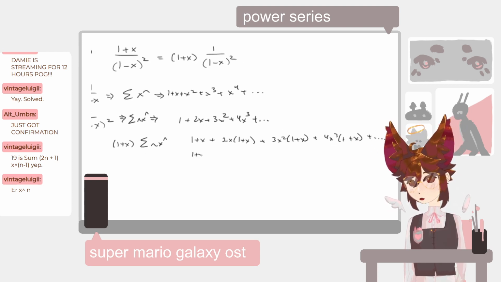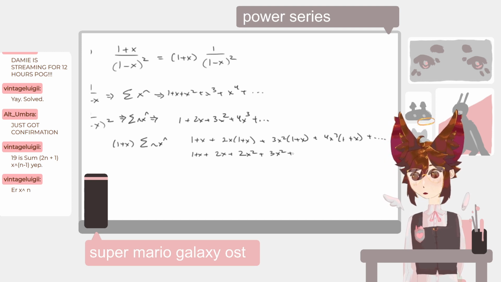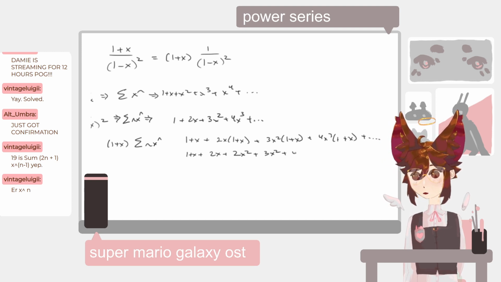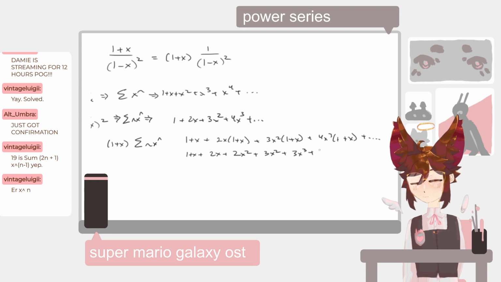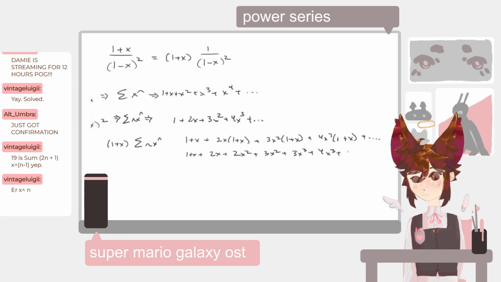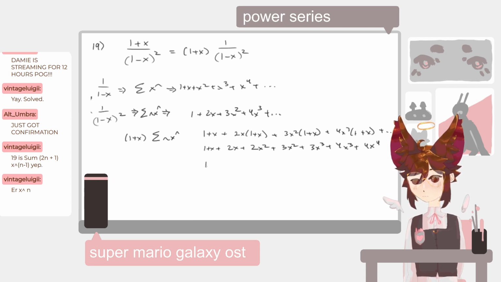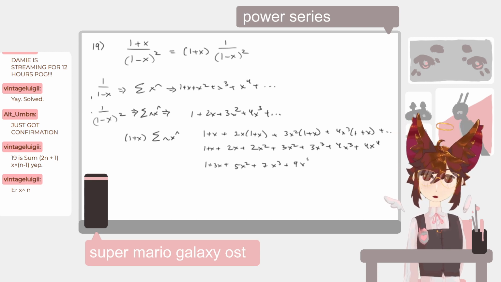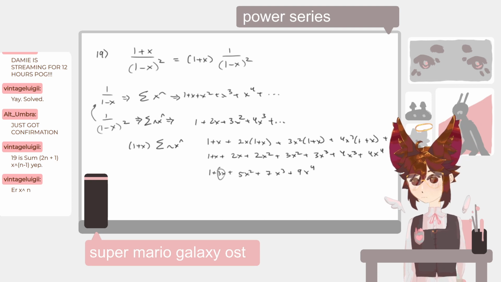So this will be 1 plus x plus 2x plus 2x squared plus 3x squared plus 3x cubed plus 4x cubed plus 4x fourth. So we get 1 plus 3x plus 5x squared plus 7x cubed plus 9. Oh. So yeah, this is 2n plus 1.